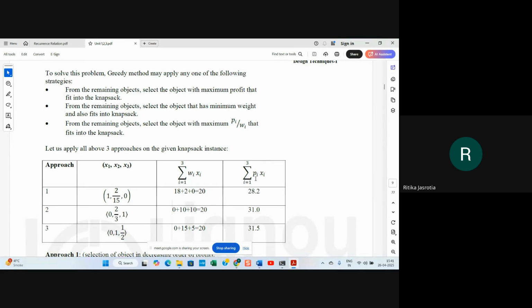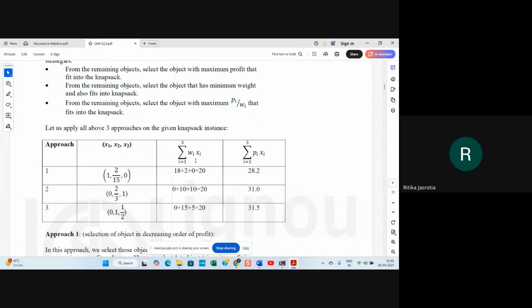Now this is the sum of WiXi, the sum of the weights. Now if we take this method, PiXi we calculate will be 28.2, that is profit into x.